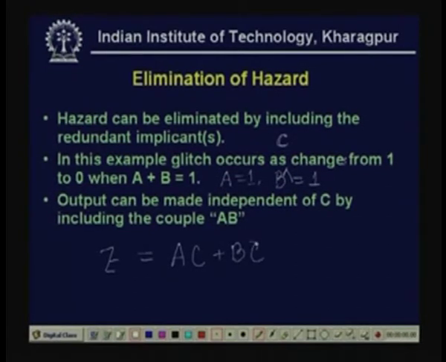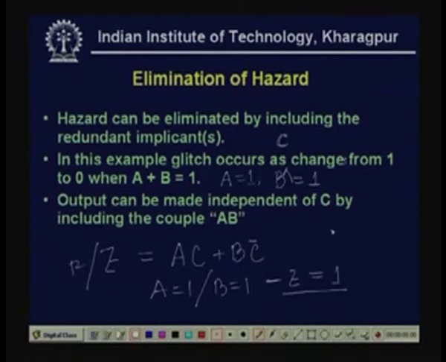This is nothing but a multiplexer type of example. That means, whenever A equal to 1 or B equal to 1, my output Z or F should be 1. So, it should be independent of C or C bar.